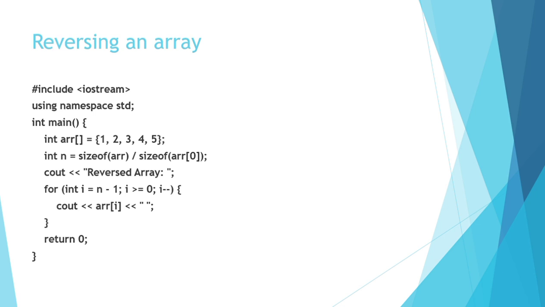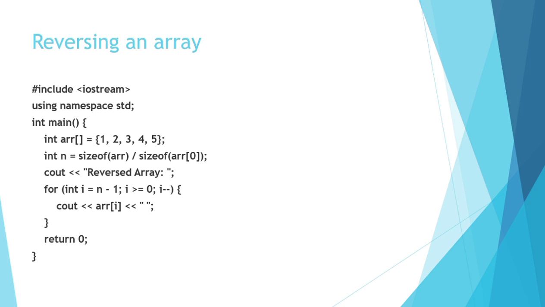Next, the program prints "Reversed array" as a label before displaying the reversed array. A for loop is then used to iterate through the array in reverse order. The loop starts from the last index, n-1, which is 4 in this case, and decrements i in each iteration until it reaches 0.